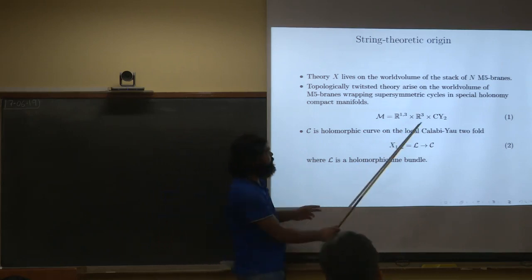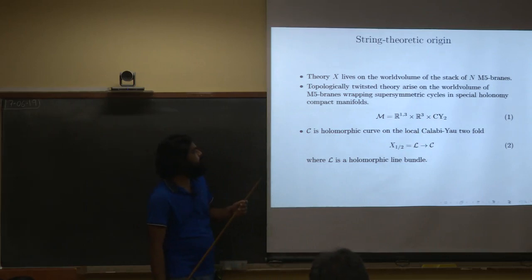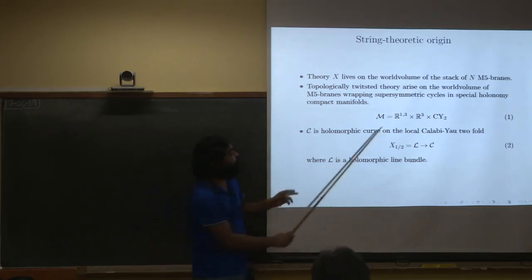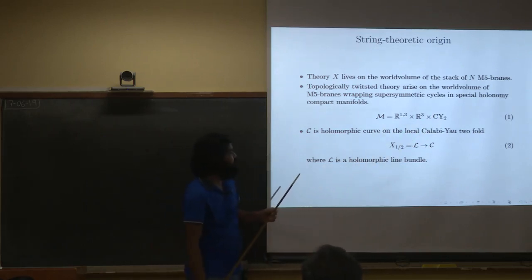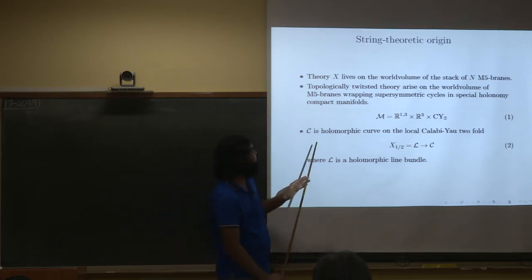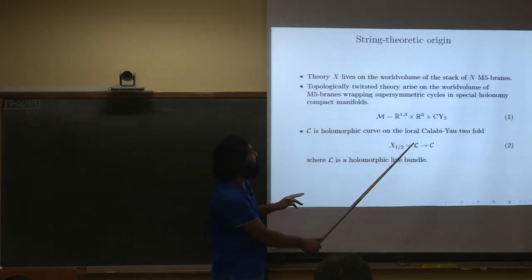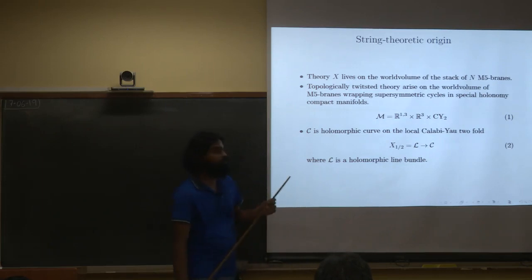There are several ways to see this Calabi-Yau twofold, and one way is the fact that this Calabi-Yau twofold is a holomorphic cotangent bundle over a Riemann surface. Another statement is that C is a holomorphic curve in this Calabi-Yau twofold, and this is a holomorphic line bundle over this Riemann surface.